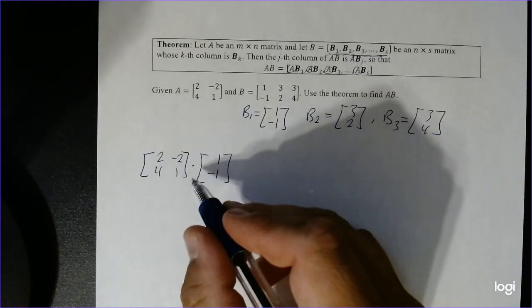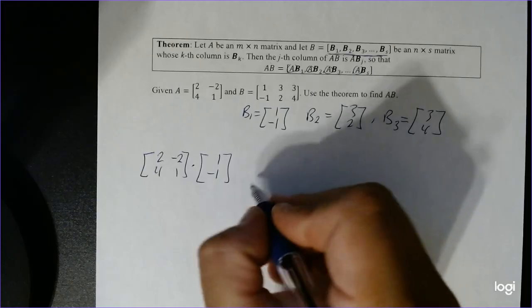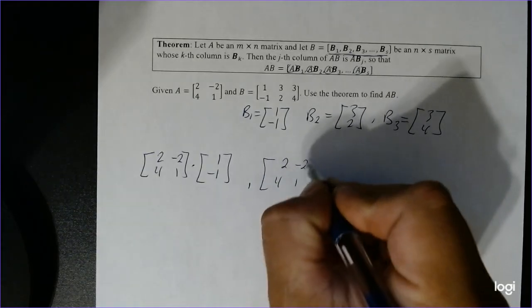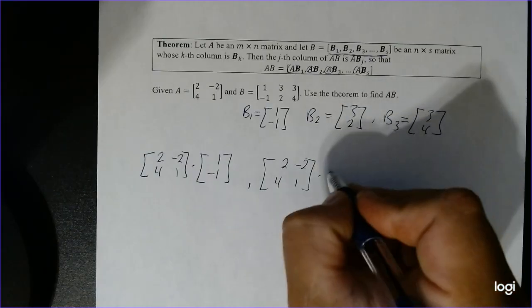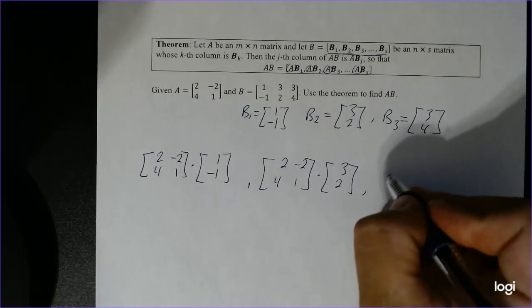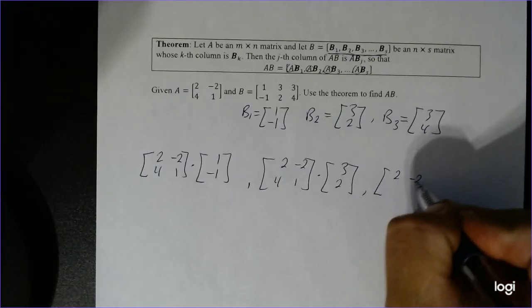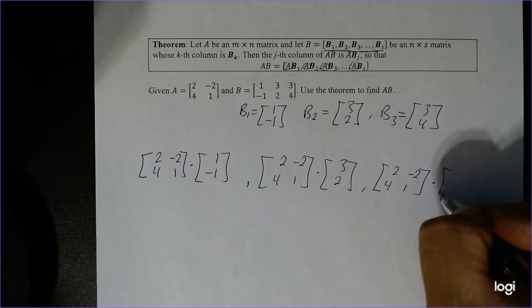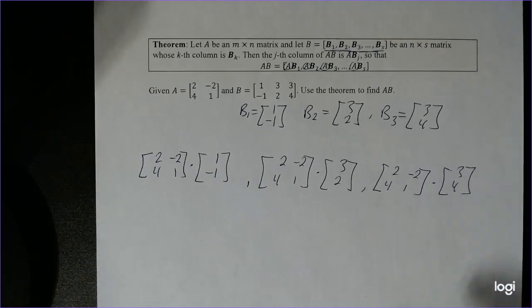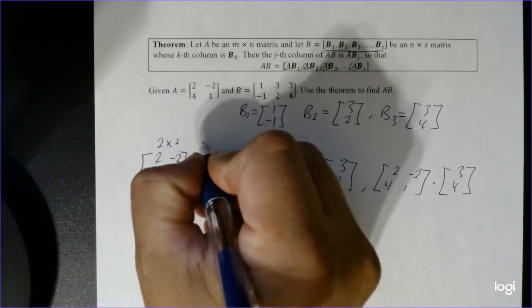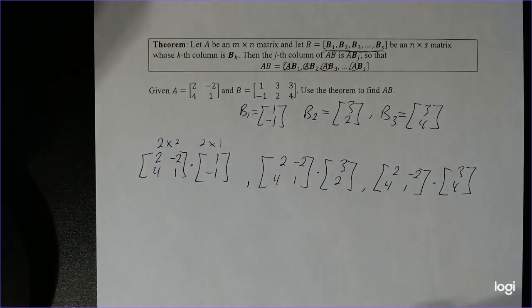That's the first one. Next one is A times B2. And the last one is A times B3. This works because this is a 2 by 2 and this is a 2 by 1, so the result is a 2 by 1 matrix.